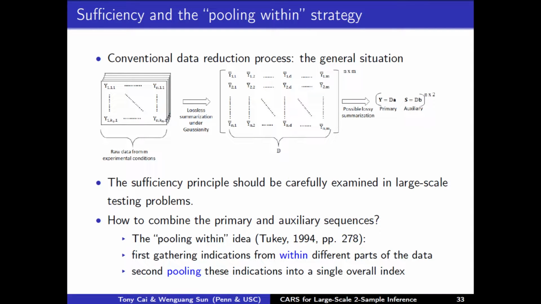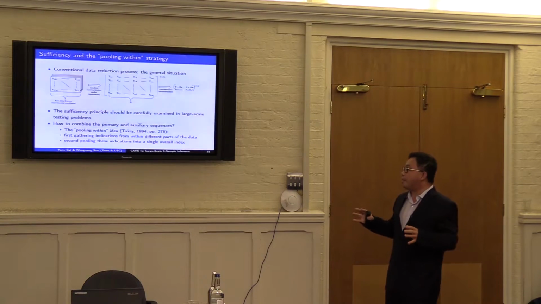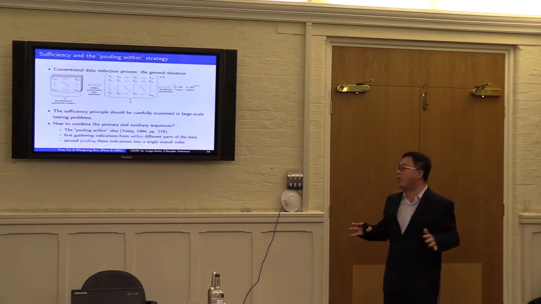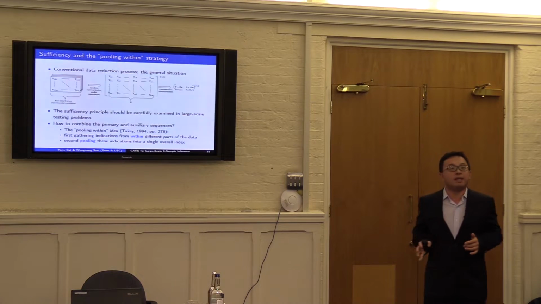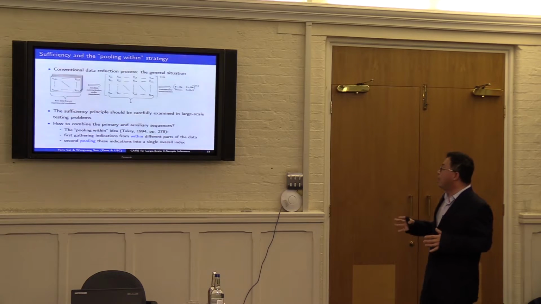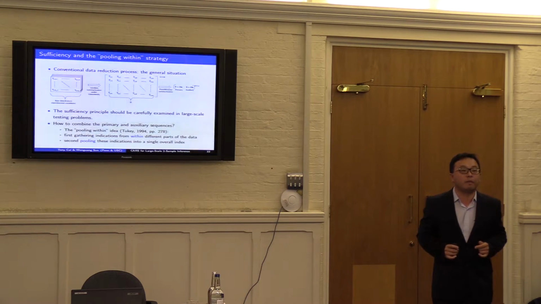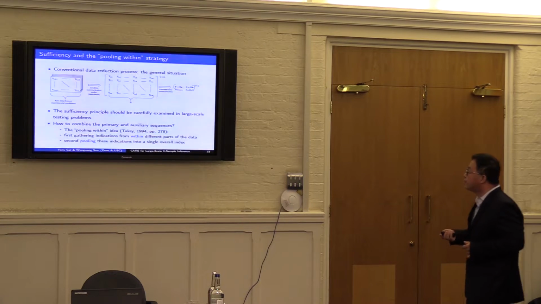Another issue that we have focused on in this work is to combine the primary and auxiliary sequences in large-scale inference. At a more abstract level, you can view the CARS procedure as a nice application of the pooling within idea that was considered a long time ago in John Tukey's work on the philosophy and principles of data analysis.